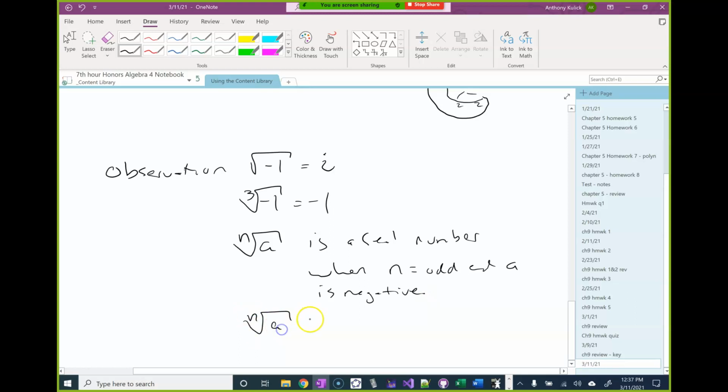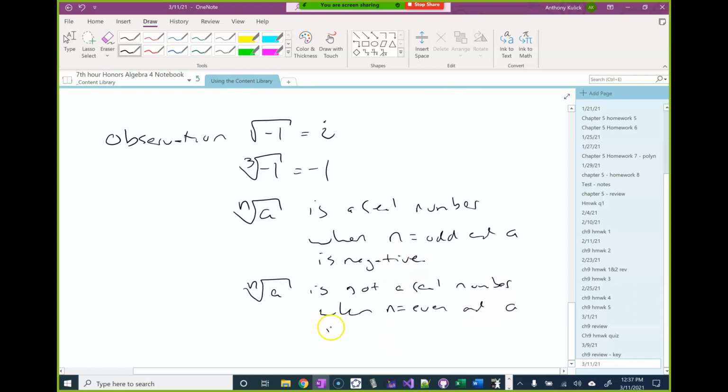And the nth root of a is not a real number when n is even and a is negative. So we can take odd roots of negative numbers, but we still can't take any even roots of negative numbers.